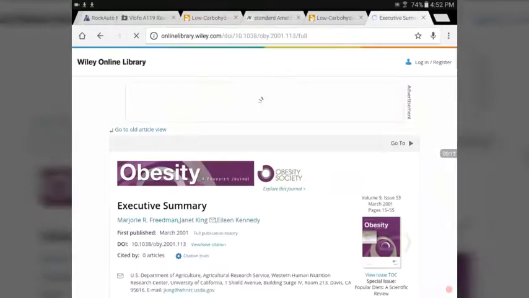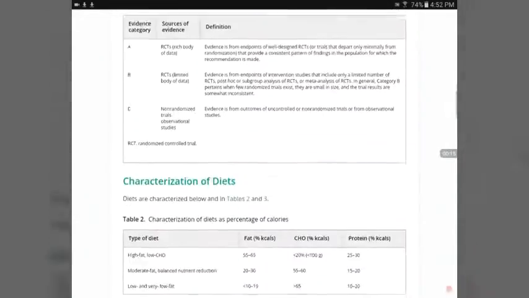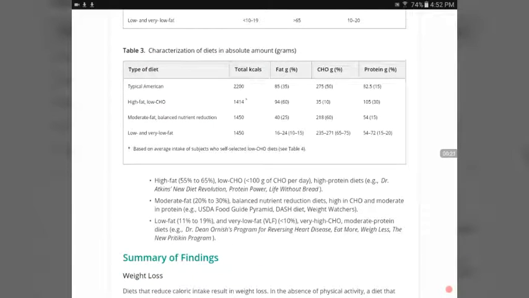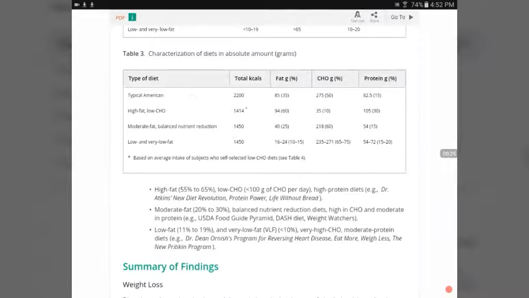I was able to come to this through PubMed, and eventually by clicking through you can get here. And if you scroll down, what you'll find is the very same table, characteristic of diets in absolute amounts, where they're saying typical American diet, macronutrient breakdown is 35% fats, 50% carbs, 15% proteins. I'll include the link for this in the description so you guys can check it out.